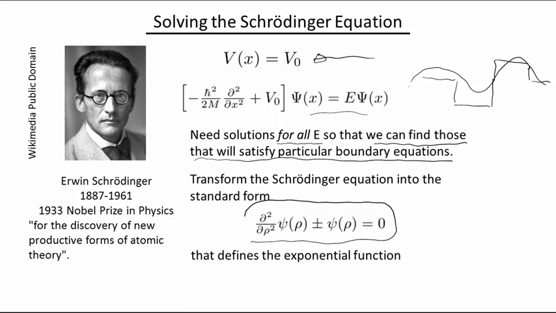In this case, the standard form that we seek is here, where rho is a scaled, dimensionless variable, and then the plus or minus sign has to do with whether the energy is positive or negative. We know that energies can be any number on the real line, so we need to account for both of those cases.